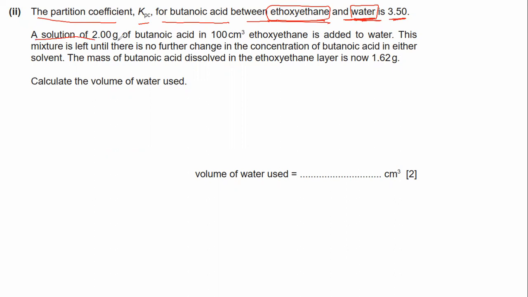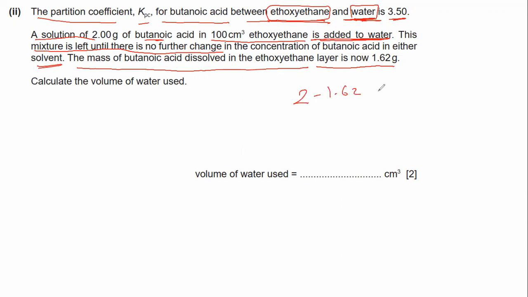A solution of 2 grams of butanoic acid in 100 cm³ of ethoxyethane is added to water. We don't have the volume of water. This mixture is left until there is no further change in the concentration of butanoic acid in either solvent, so they reach equilibrium. The mass of butanoic acid dissolved in the ethoxyethane layer is now 1.62. It was 2. Then it becomes 1.62.